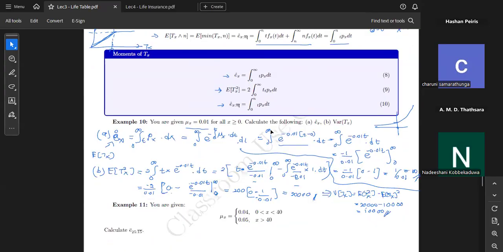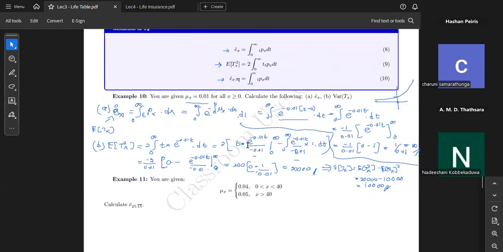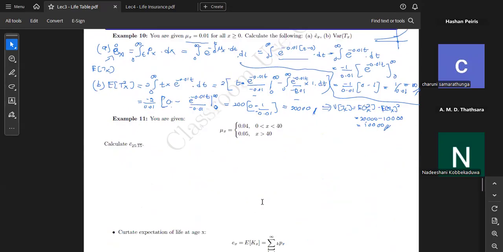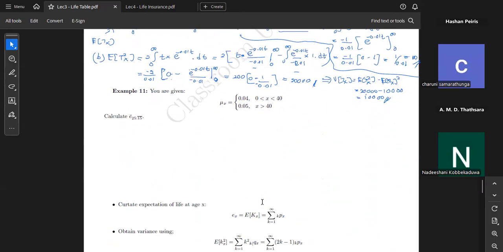these three equations, and we discussed one example as well. So let's jump into example 11.